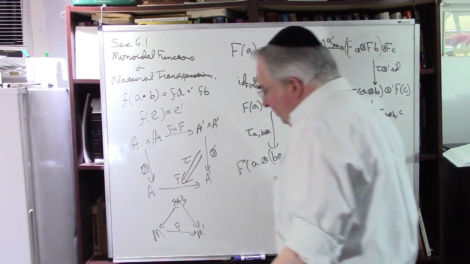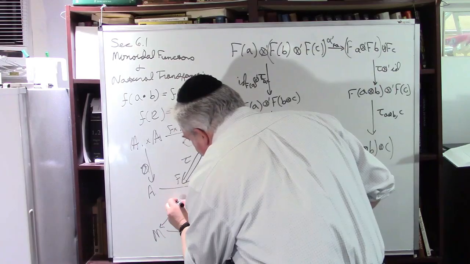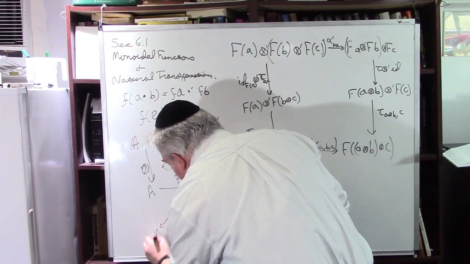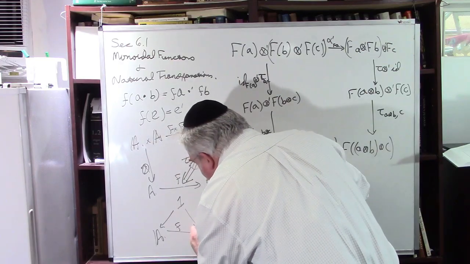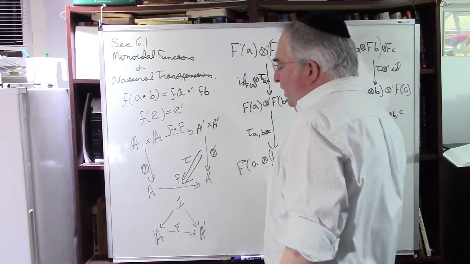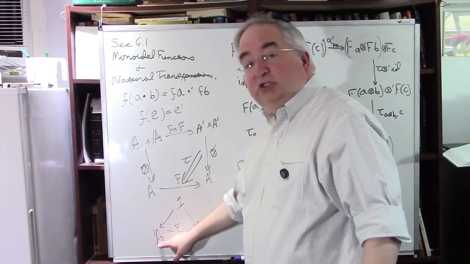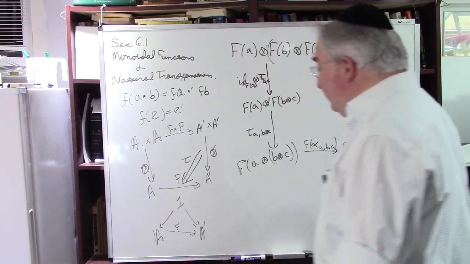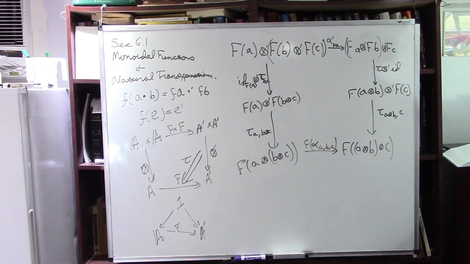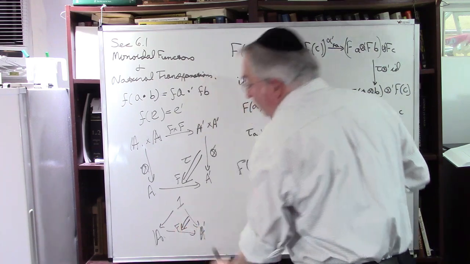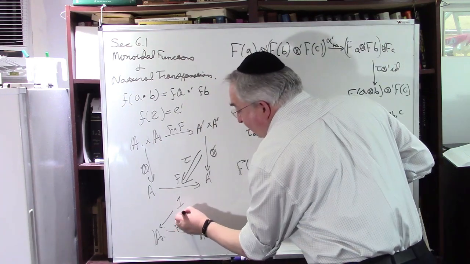Similarly, this is the one object category. This is the category A. This is the category A prime. This is the functor F. And this chooses the unit of the monoidal structure. Then we don't want this necessarily to commute, although it can commute. We just want an isomorphism here, and we call that v.